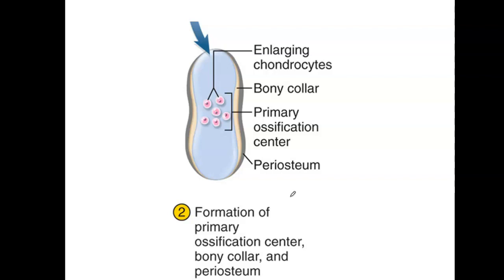And then as it progresses, it's going to form something called the primary ossification center. And the primary ossification center is where you start to actually see these bone cells. So I'm very in the center here, right? These bone cells are starting to form here. And they tend to be in this center region of a long bone. Even in your finger, still a long bone.